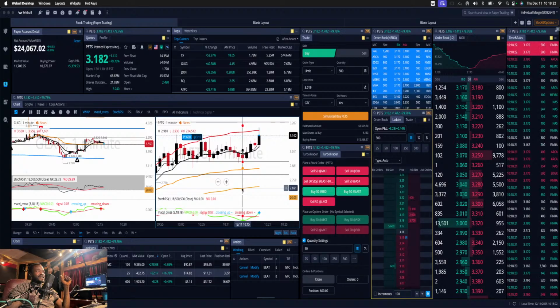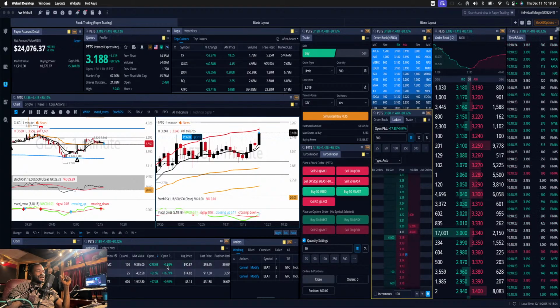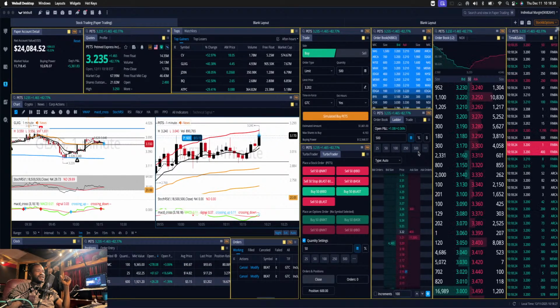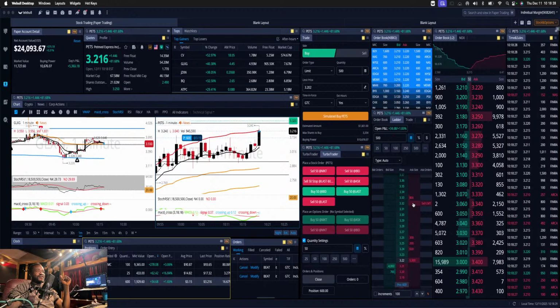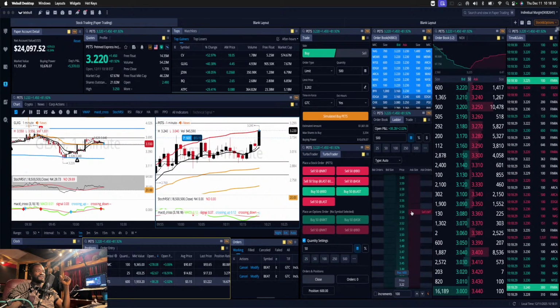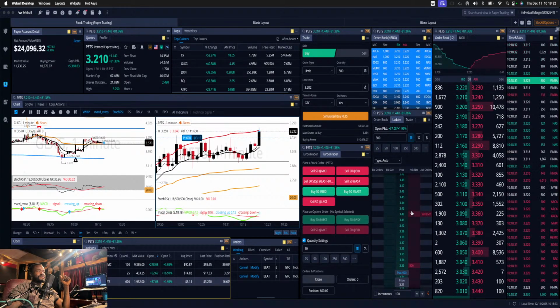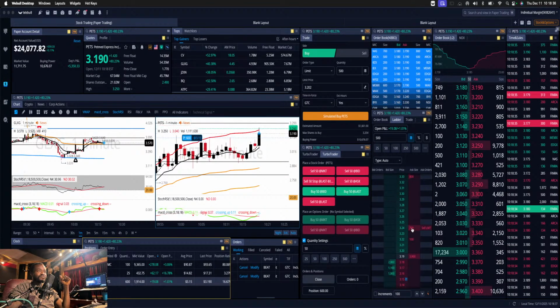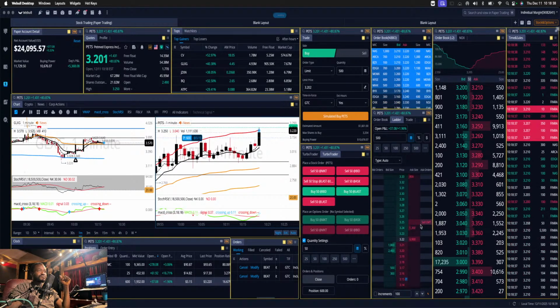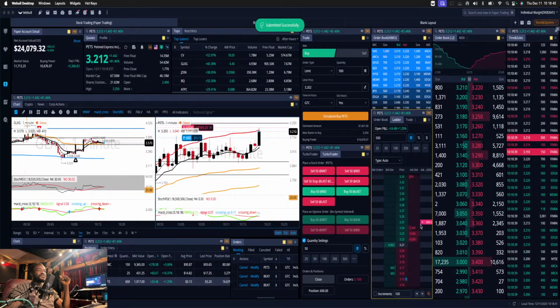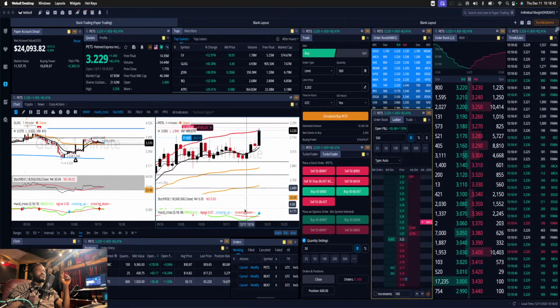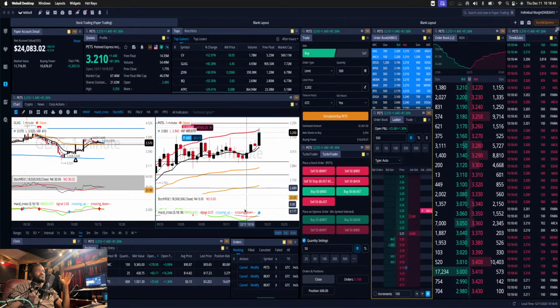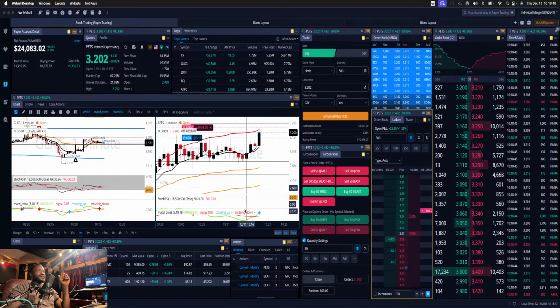So once it gets that explosion to the upside, now we got to sell 500 shares at 325. A low scalping move. Just a quick scalp, just to show y'all what the idea is.